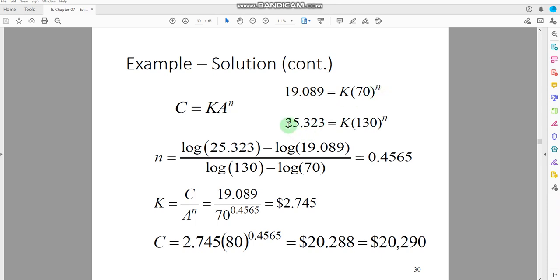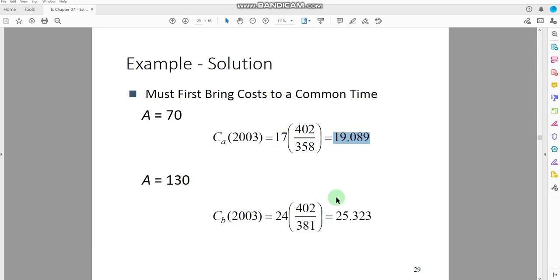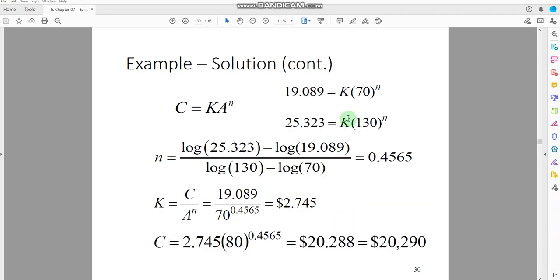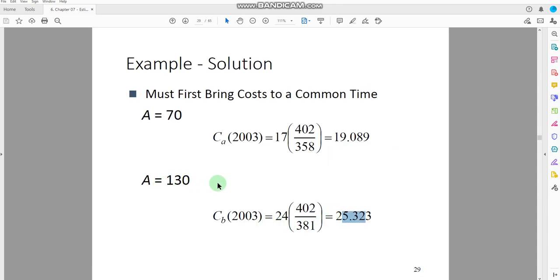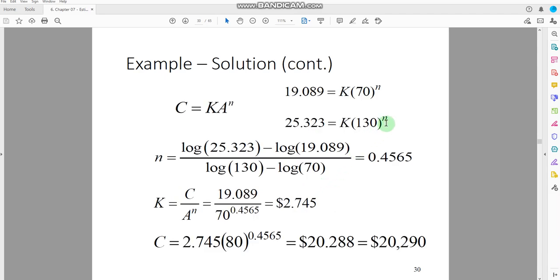Similarly, we have to do it with the second case. The cost here for 2003, the value of K we don't know, and 130 is the capacity of the heat exchanger here. Then we can have this equation in this form. Our main purpose is to get the value for this N.